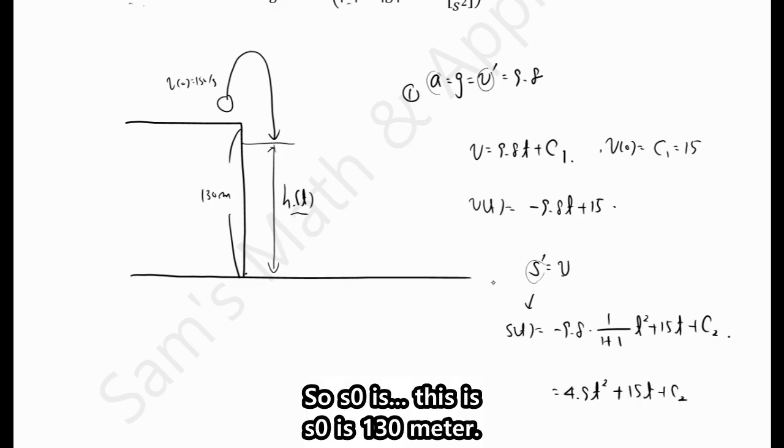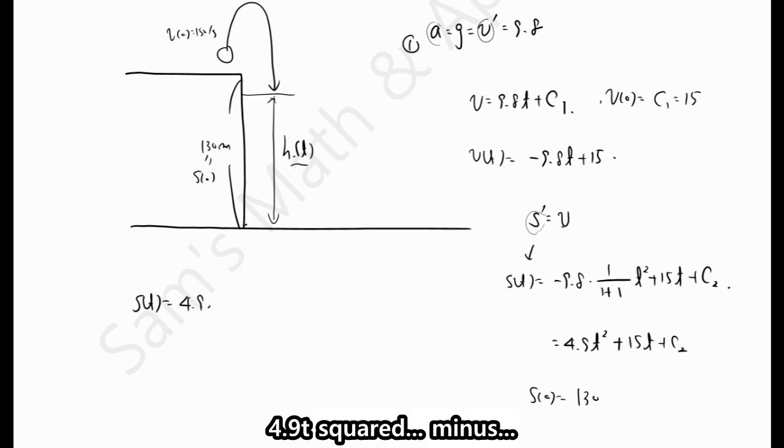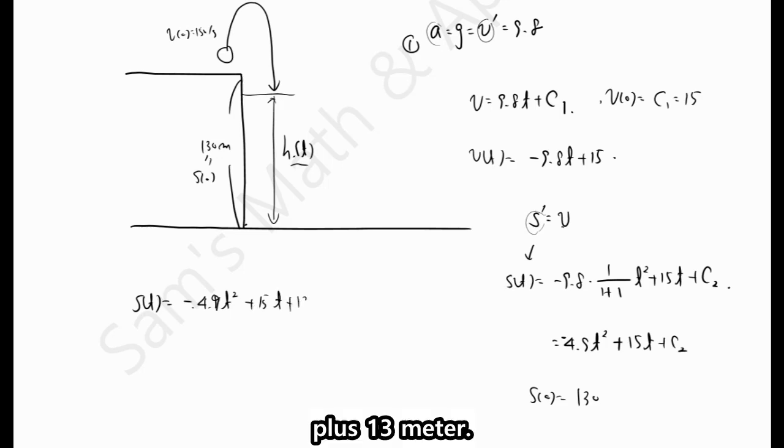So s(0) is 130 meters, so s(t) is minus 4.9t squared plus 15t plus 130 meters. This is the displacement.